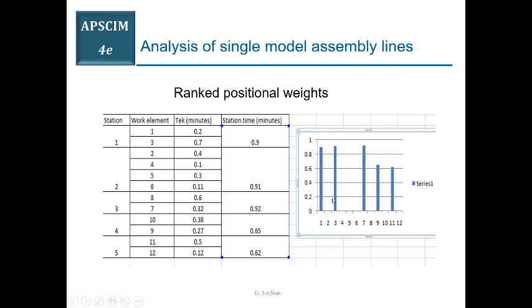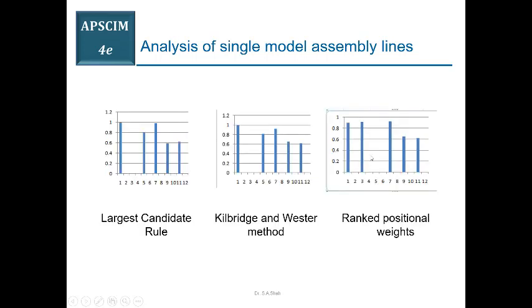So that's it. This is the Excel graphical representation of the utilization of the workstations, and this is a comparison of all the three methodologies through which you can find the practical solution of this particular assembly system.